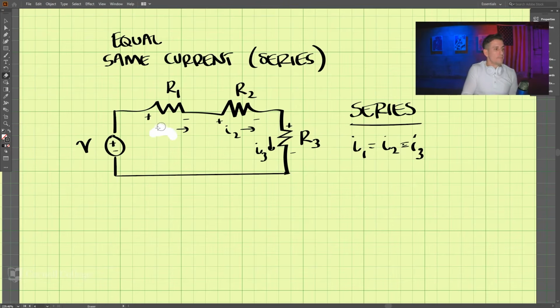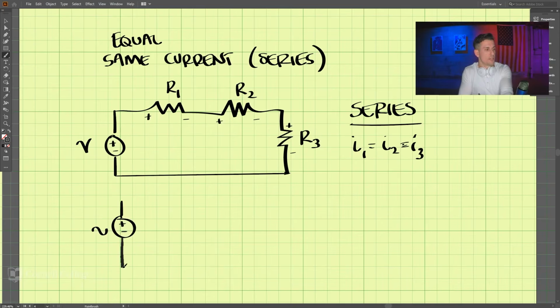Let's erase this quick. We want to figure out the total resistance. So the total resistance, we can simplify this circuit. We have voltage here, and this is the equivalent resistance, Req, meaning equal.